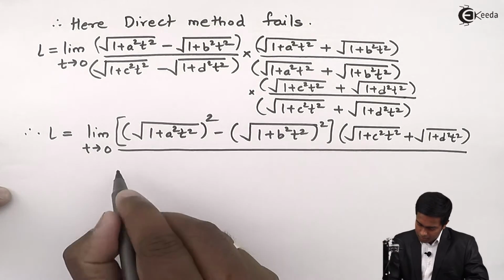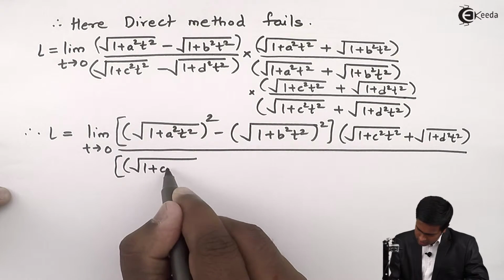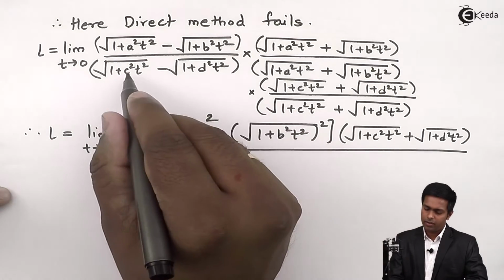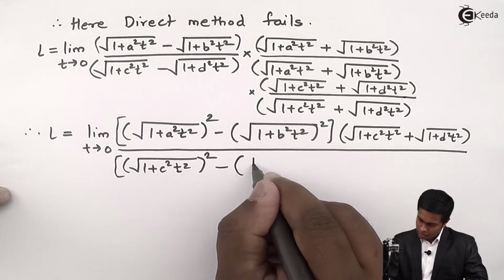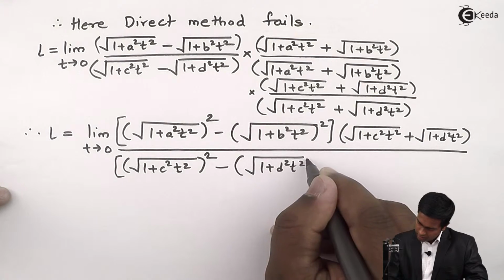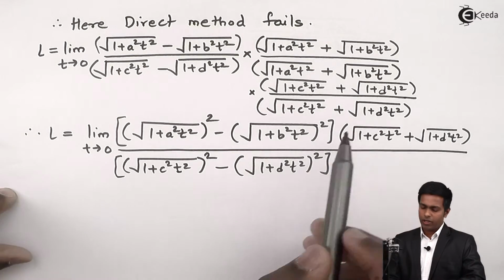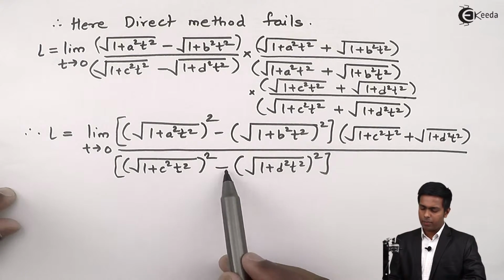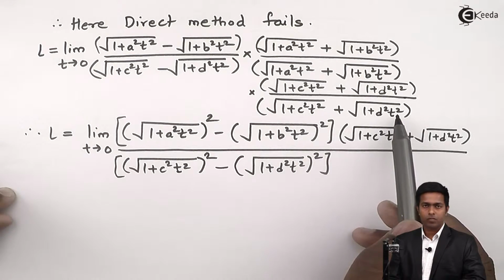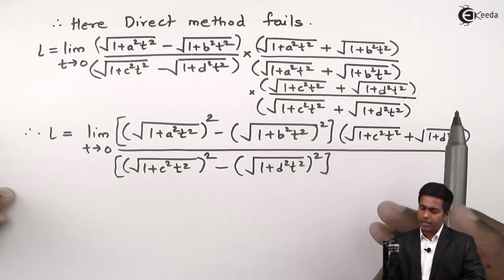This term will become the square root of 1 plus c square t square, the whole square, that is a square, minus the square root of 1 plus d square t square, the whole square. So here again I applied the formula a square minus b square as a minus b, a plus b. Now still one term is remaining in the denominator. I'll copy that term as it is.